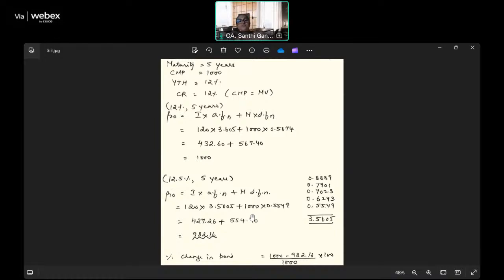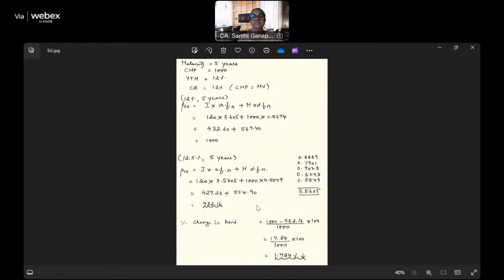So the price drops to 982.16. The percentage change in the bond is a decrease of 1.784%.